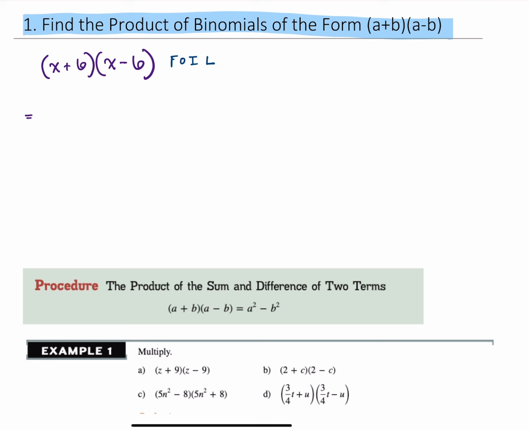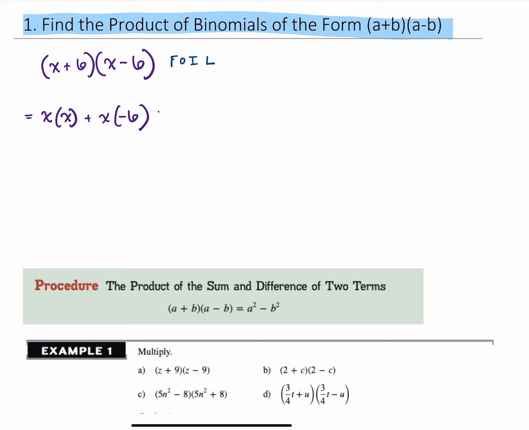So the first two terms multiplied will be x times x. Then our outer terms will be x times negative 6. So plus x times negative 6. Then the inner terms will be positive 6 and x.